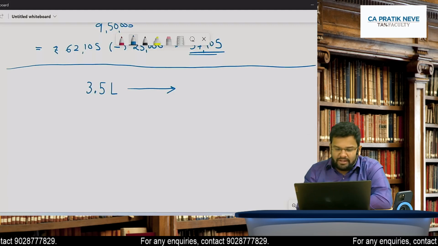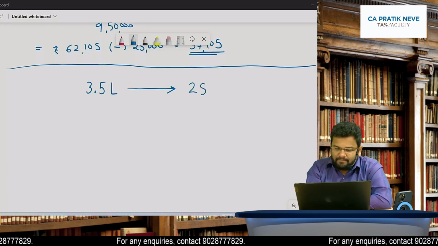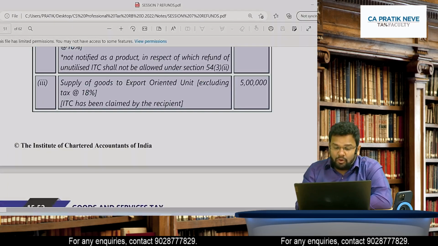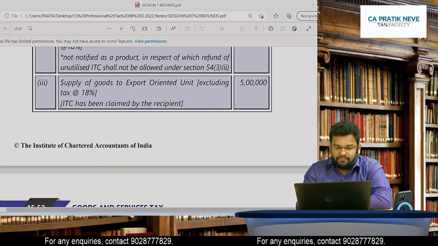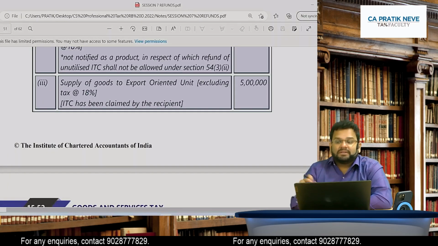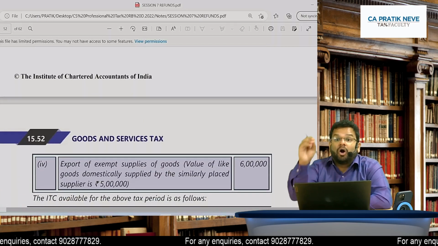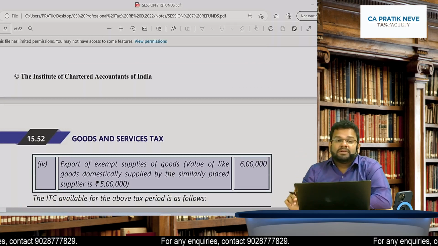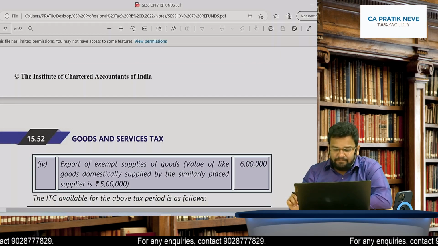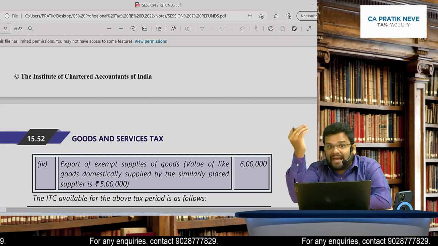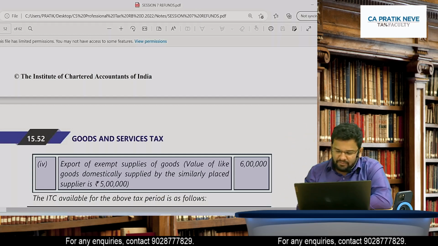It is for 28 lakhs. And you want to claim refund with respect to exports. What is the amount of export turnover on which GST is not paid, means absolutely zero rated, without paying any tax? It is 6 lakhs. Very good.